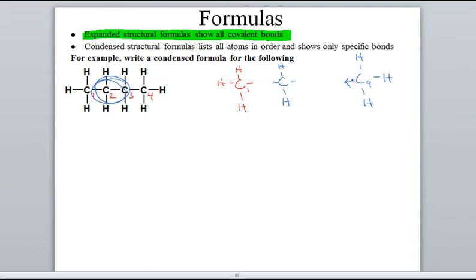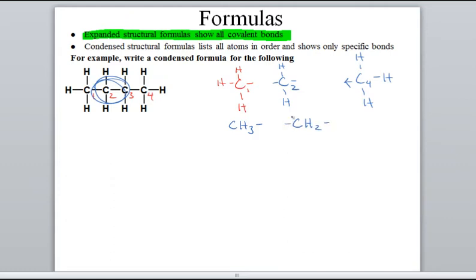What could you do to make it a little simpler? Well, carbon number 1 has 3 hydrogens, so maybe write something like CH3 and a line there. That carbon's bonded to 3 hydrogens. It's simplifying it because in this format you're not showing the bonds. Carbon number 2 is bonded to 2 hydrogens, so put an H2 next to it and lines like that.